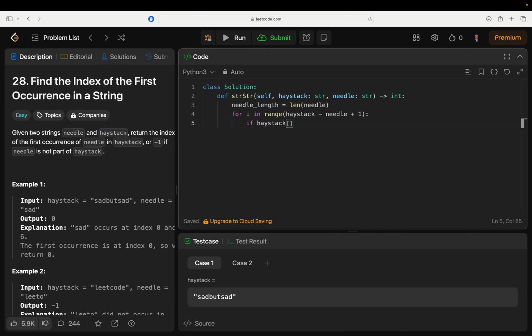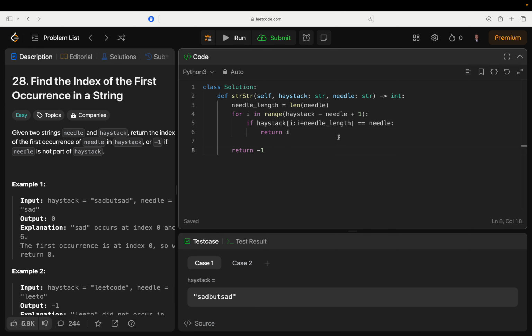We're going to use haystack from, I hope this is inclusive, exclusive, so if haystack from i to i plus needle length equals needle, return i.